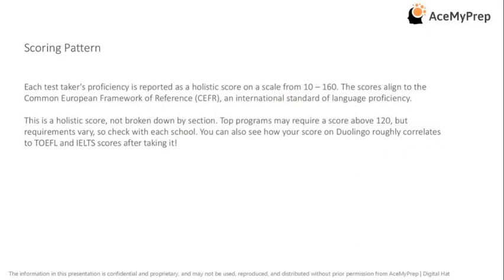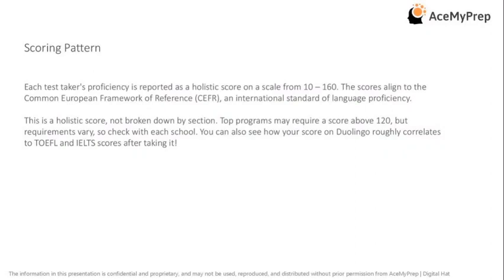It is a holistic score, which means it's an overall score. It's not broken down into sections, in contrast to IELTS or another exam in which you get a different band for reading, writing, etc. So here you're going to get one common score, and you won't be marked separately on different sections.